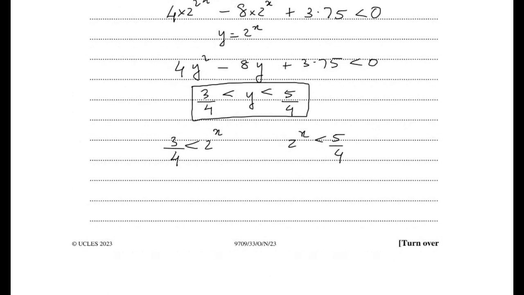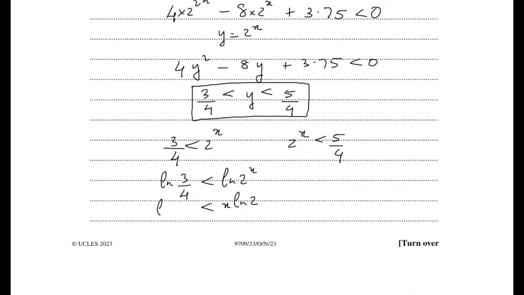Now, the question asks us to find the value of x, and x is in the power, so we're going to log both sides to bring the x out. So we get log of 3 by 4, I'm using a natural log, is less than log of 2^x, which can be written as x log 2.